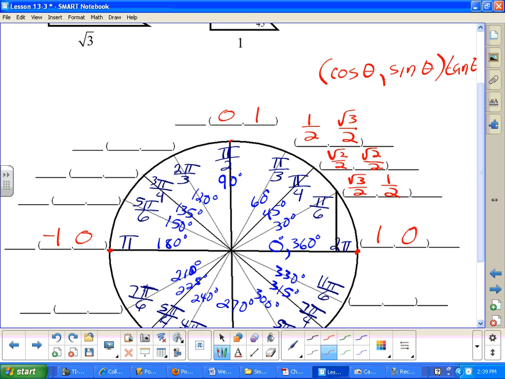So in the first quadrant, we know that x is positive and y is positive, correct? When I move over to the second quadrant, we move to the left, so x is negative. We go up, so y is positive.